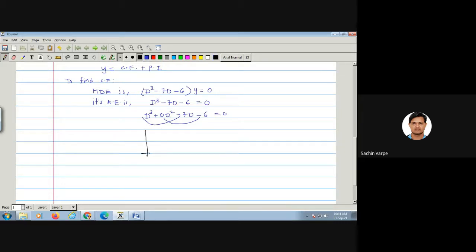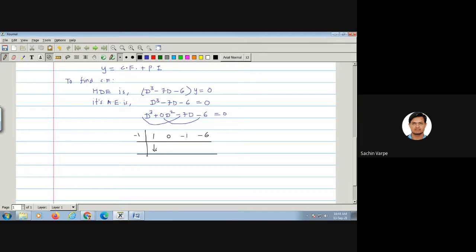This we have already discussed. Let us now write the coefficients here: 1, 0, minus 7, minus 6, and minus 1 here. We all know the synthetic division method.